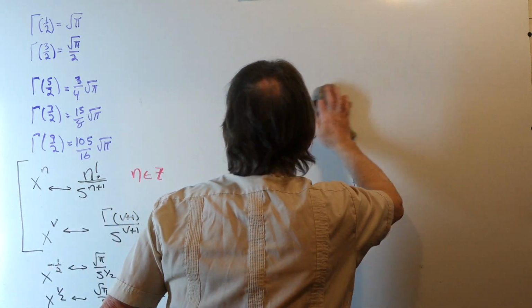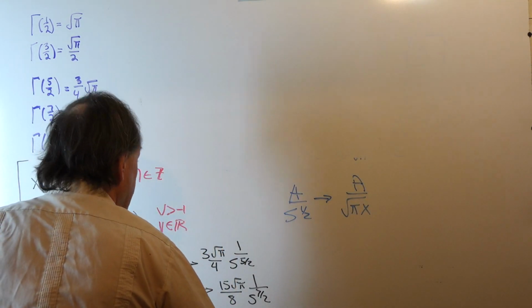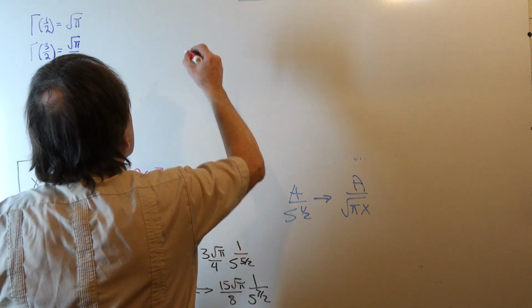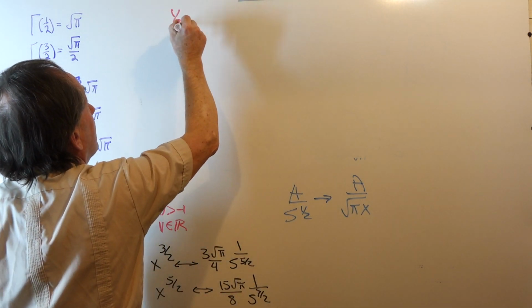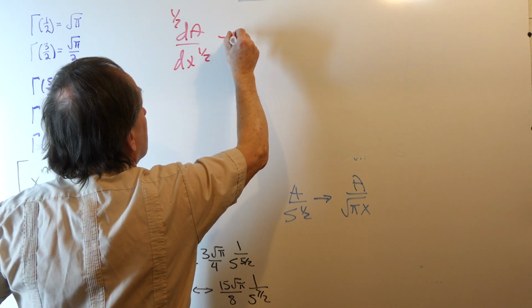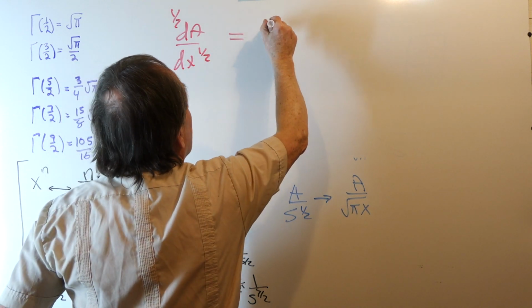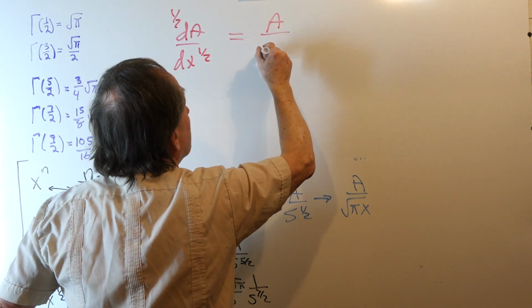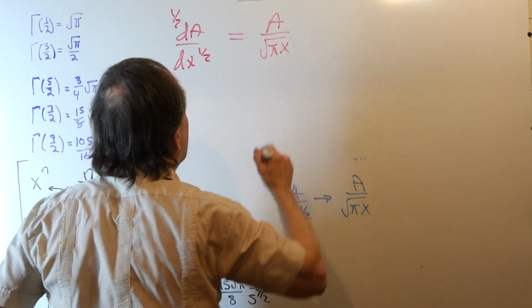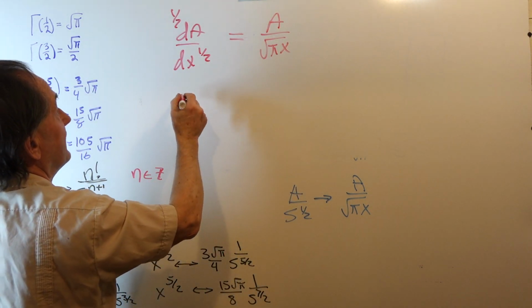So we just determined that the 1/2 derivative of a with respect to x equals a over the square root of pi x. Now, let's take the half derivative of this.